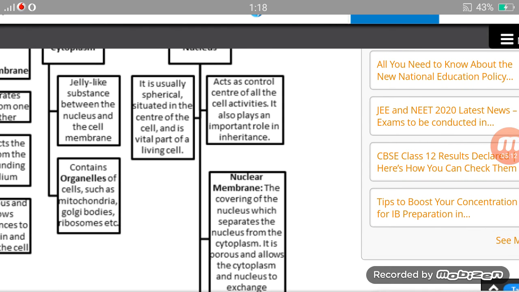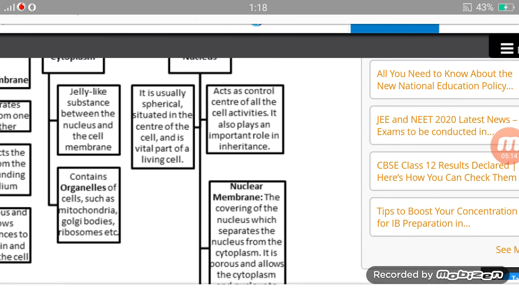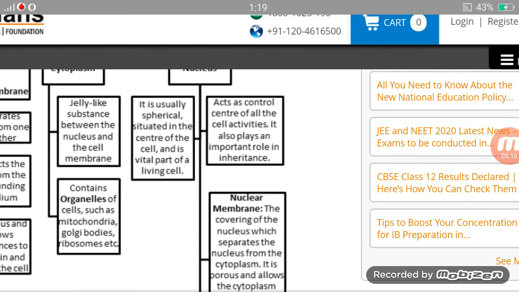Cytoplasm contains organelles, meaning components of the cell, such as mitochondria, Golgi body and ribosomes. We'll study all of these cell organelles, the components of the cell, in detail within this chapter.